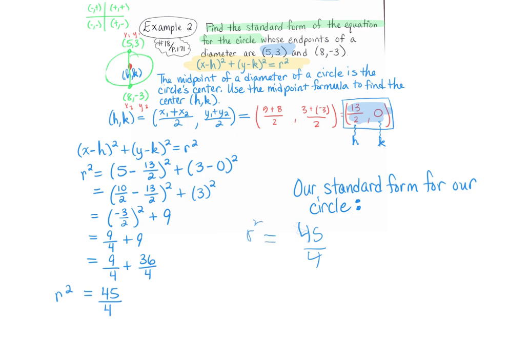So to put it in standard form, I got 45 over 4. Vertically, you want me to go down? Yes, please. So erase that. Erase the arrow. So I got 45 over 4.